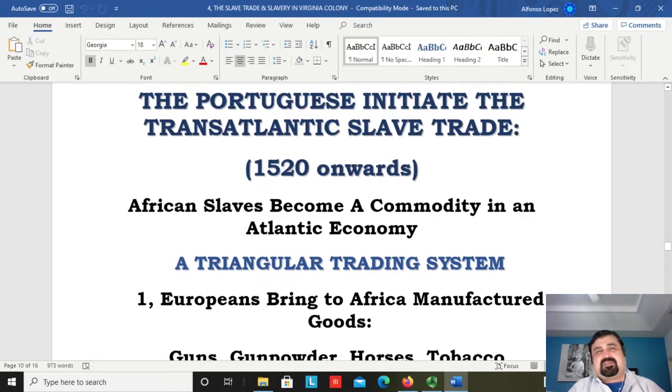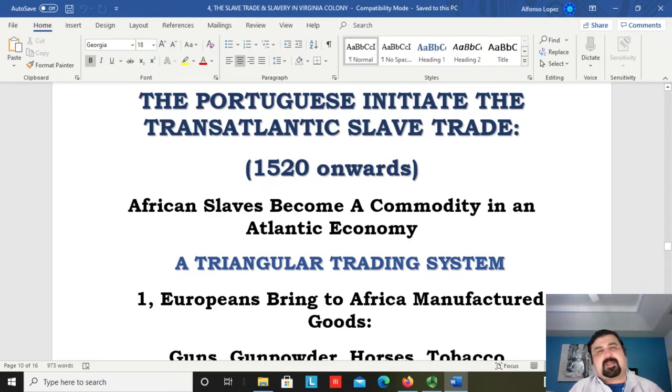And after spices, other commodities will be added to this commercial exchange: silks, tea, gold. From Africa, there will be ivory, peppers, textiles and so on.